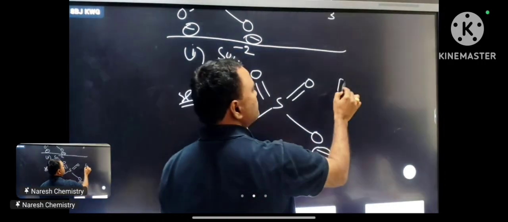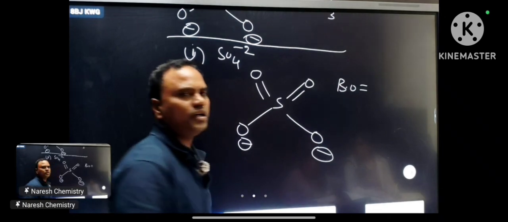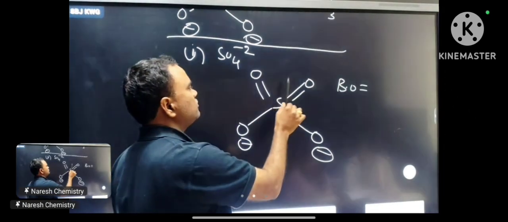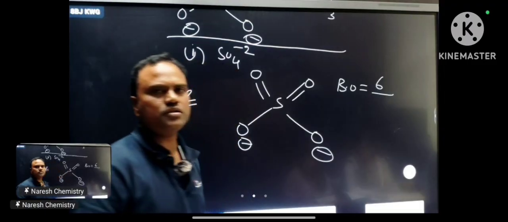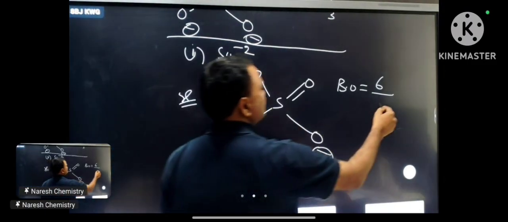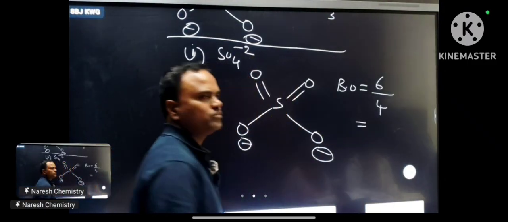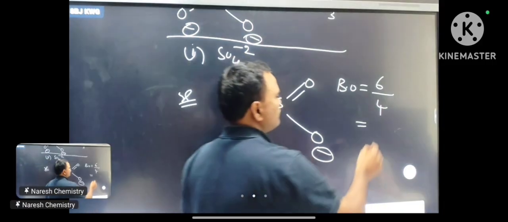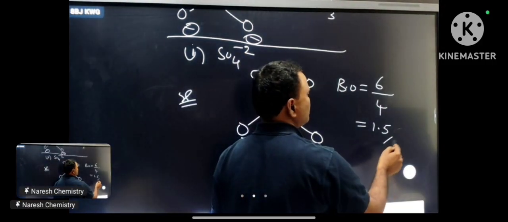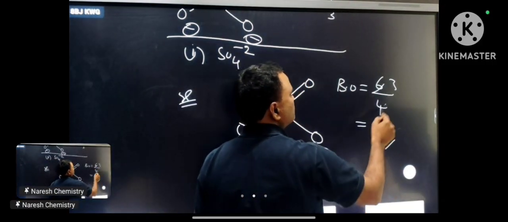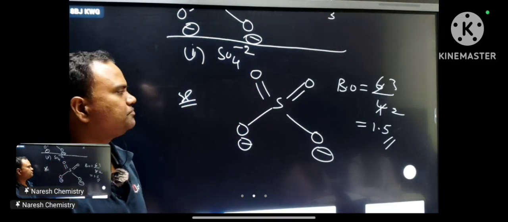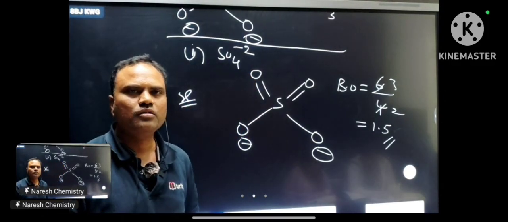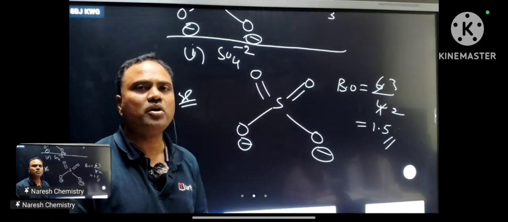So bond order is equal to the number of bonds between the atoms. Count 1, 2, 3, 4, 5, 6. 6 divided by total resonating structures, 4. How much? 1.5. 6 by 4, 3 by 2, no? 1.5. Okay. This is about the bond order of polyatomic ions.